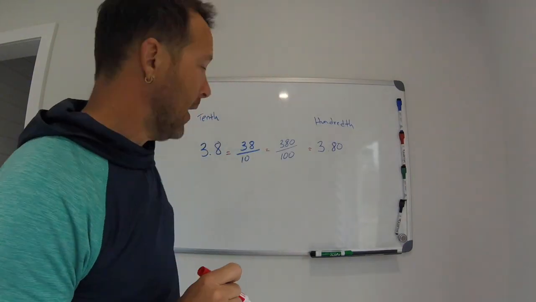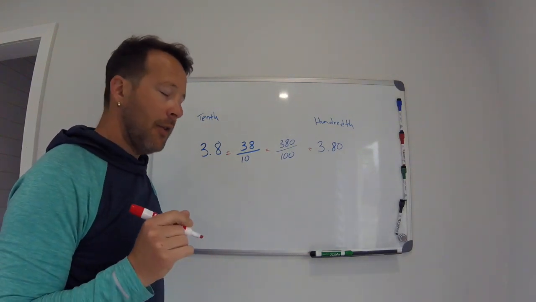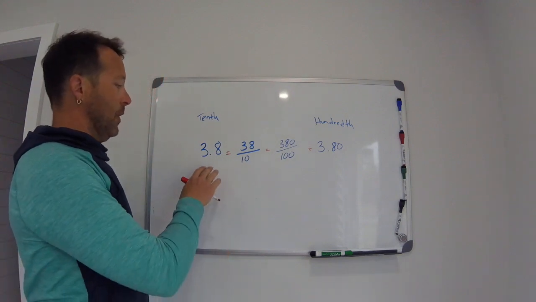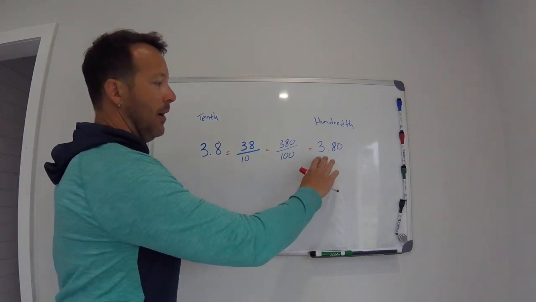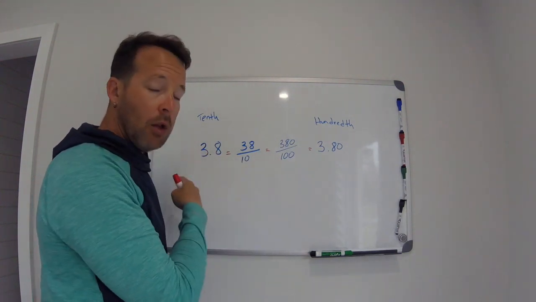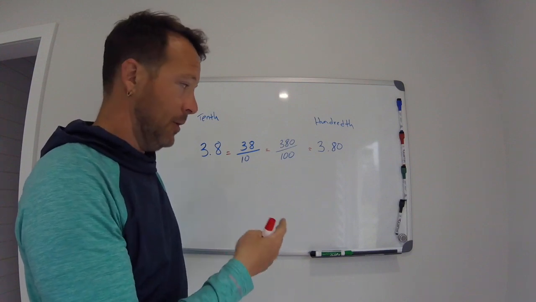Our last question, number 9, there's a chart, 2 charts, and they just want us to be able to know tenths and hundredths. For all of those examples, they want you to come up with the equivalent numbers.